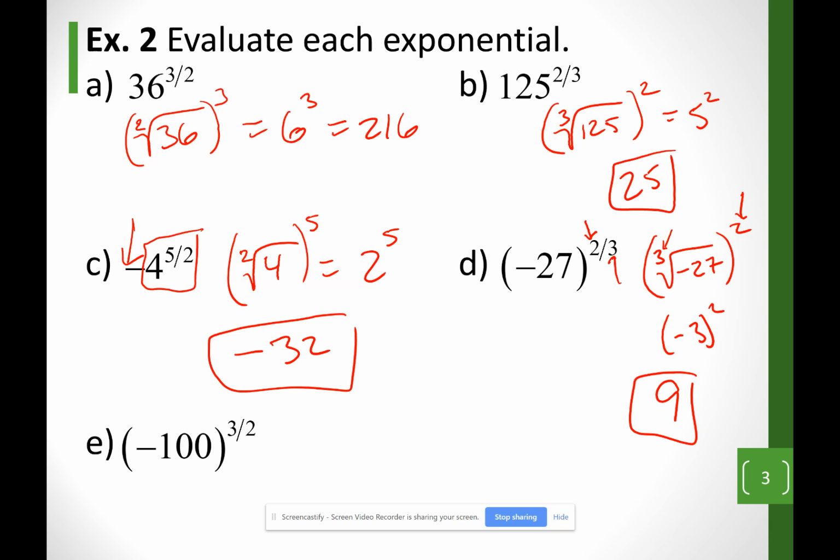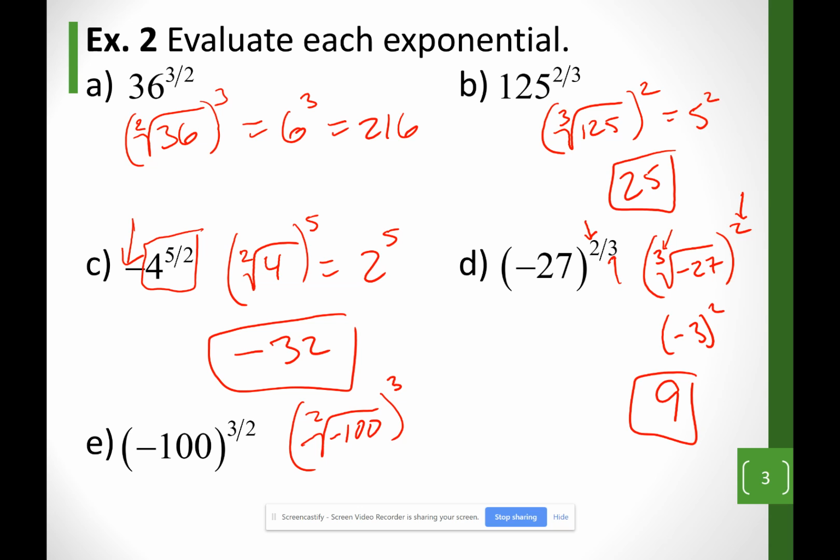So if I'm looking at E, I'm going to do the square root of negative 100 to the third. I'm putting the negative inside the radical because of the parentheses. Now, I cannot do the square root. 2 is an even number.